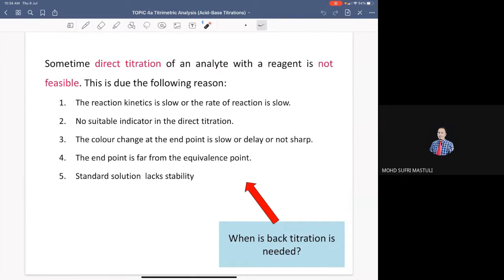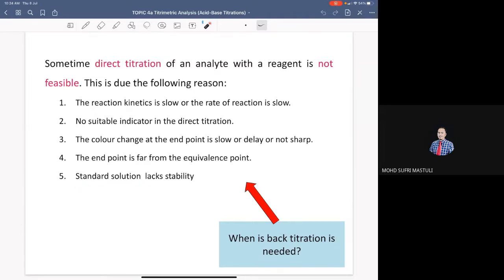Reaction rate slow, no suitable indicator for the direct titration, the color change at the endpoint very slow, the endpoint very far from the equivalent point, and the standard solution not stable.